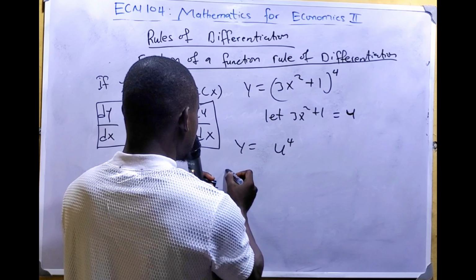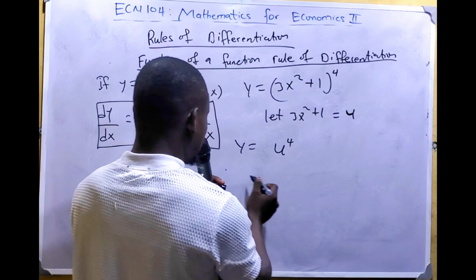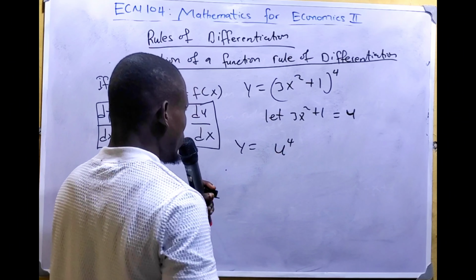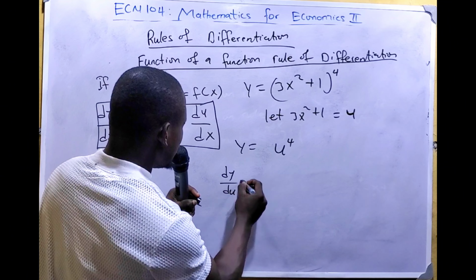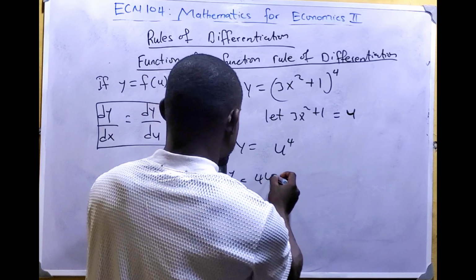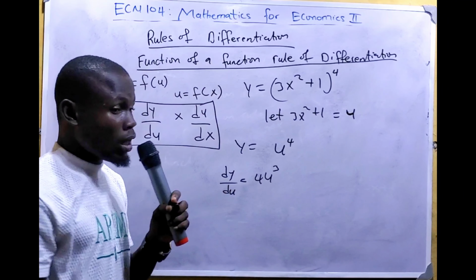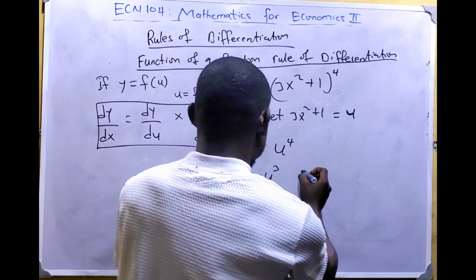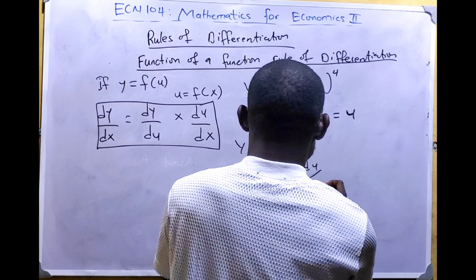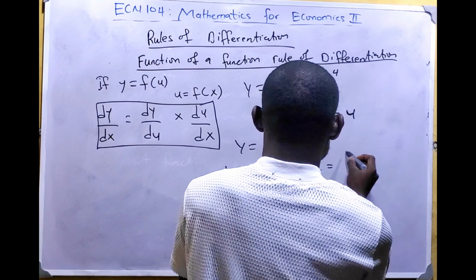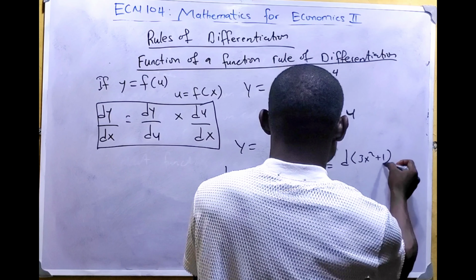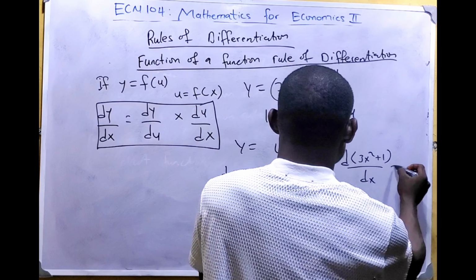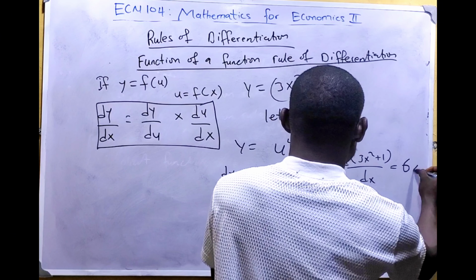In this case, our y is a function of u. That is, we can find dy/du, which will be 4u raised to power 3. At the same time, we can find du/dx, the derivative of 3x squared plus 1, which will be 6x.